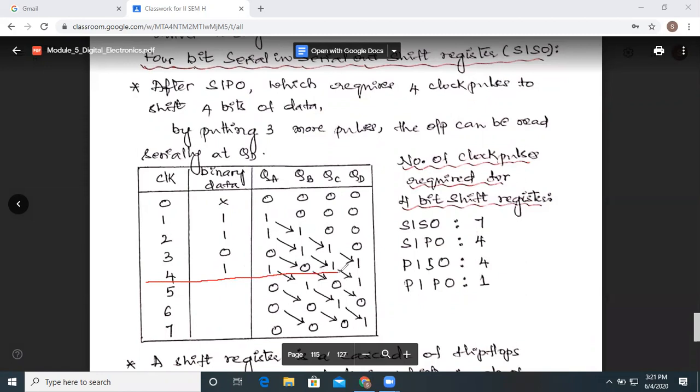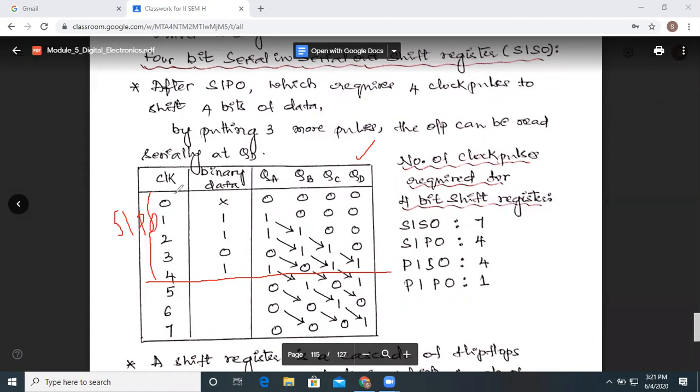The reason it is 3 more clock pulses is that we are taking the output at QD. After this, this is serial in, parallel out, is it not? So this is serial in, parallel out.